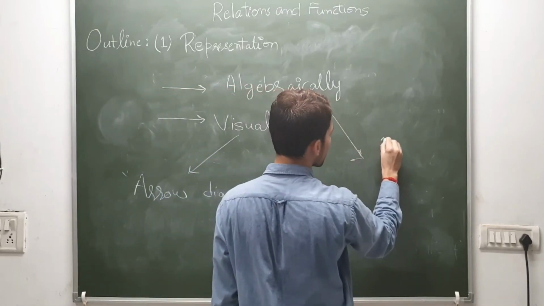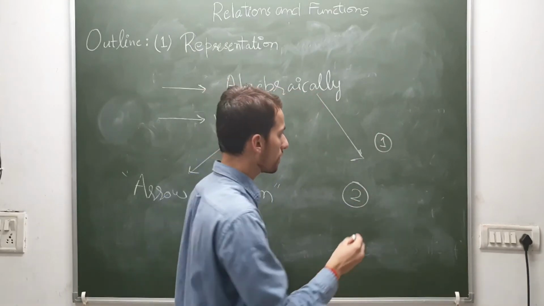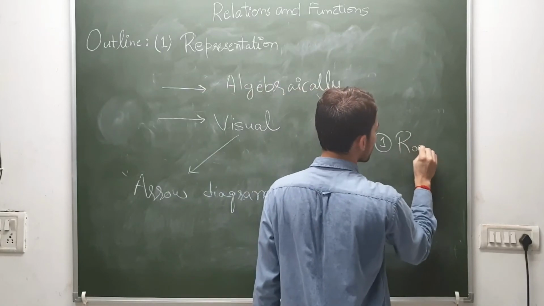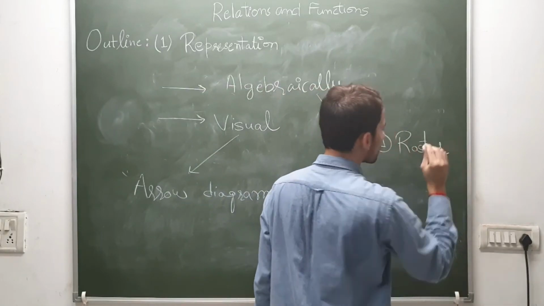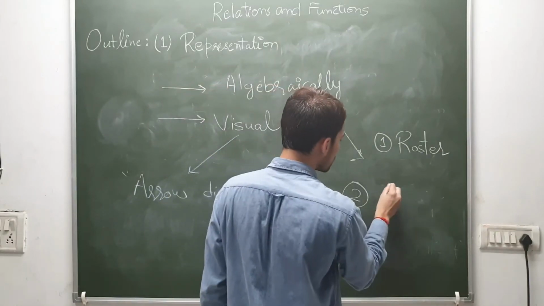We want to visualize it, and algebraically, this is a convention. There are again two approaches. The first one is the roster form, which we have often used while representing our sets in the very first series of set theory, and the second is set builder form.